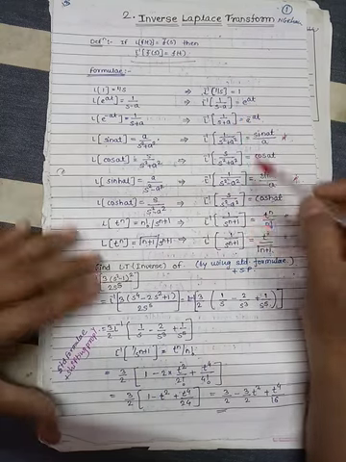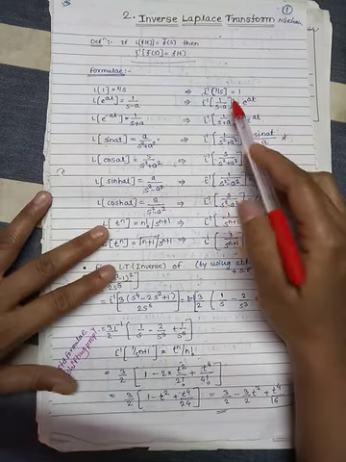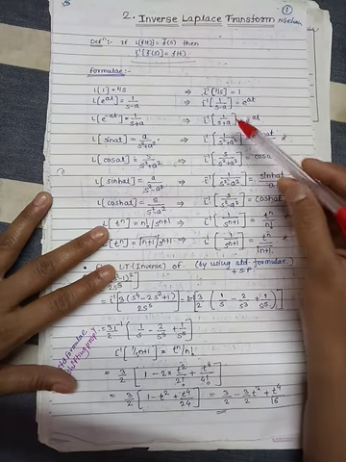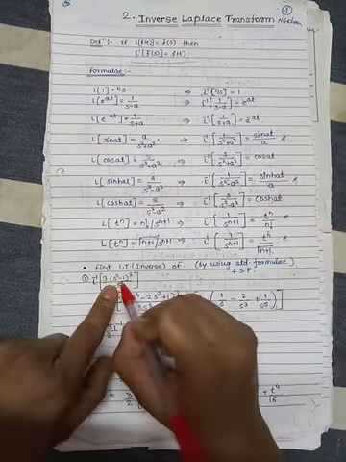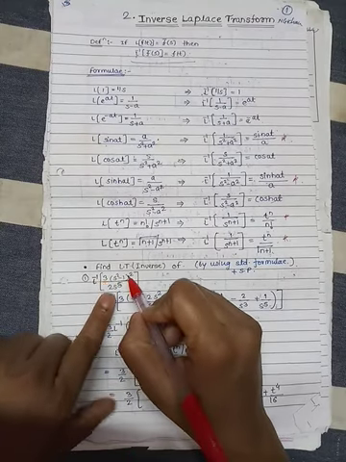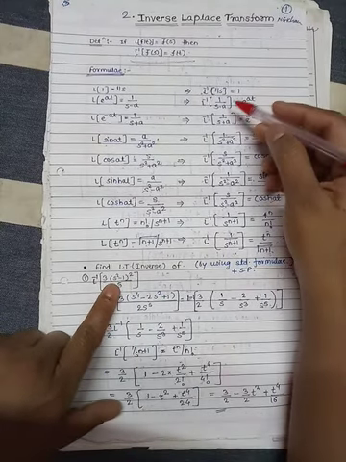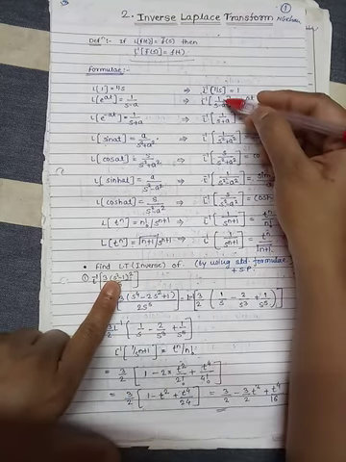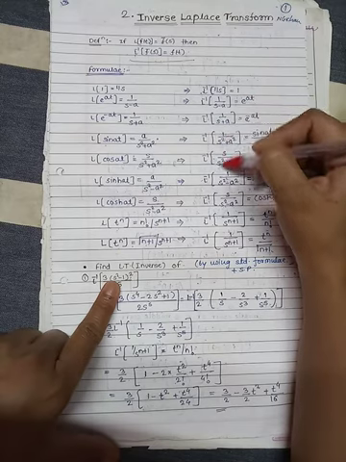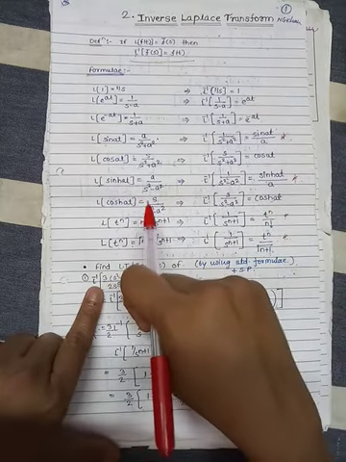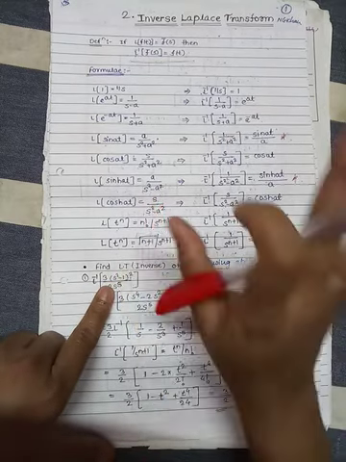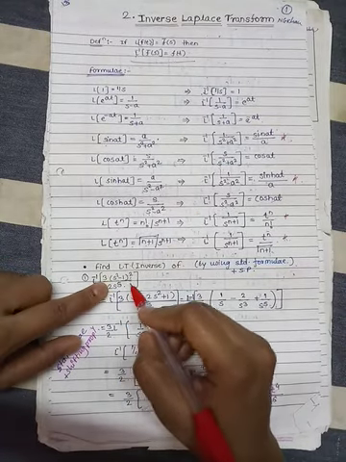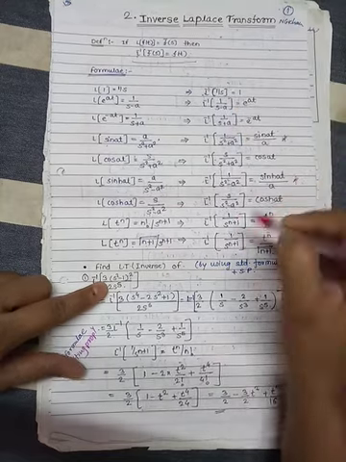All other formulae contain only a denominator term. So here there is an s term in the numerator, not only an s term, a bracket square term in numerator. So we can't apply one of these formulae directly. First we have to simplify this term and then we can think about the formula.